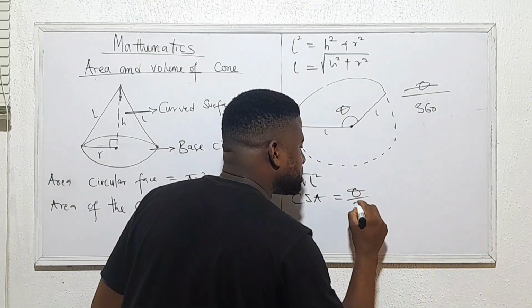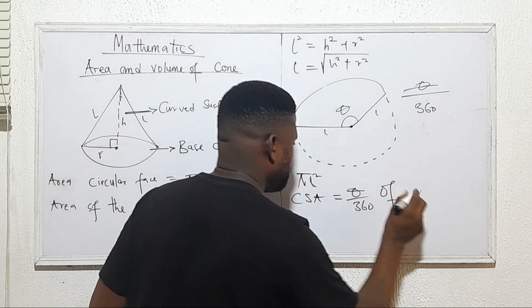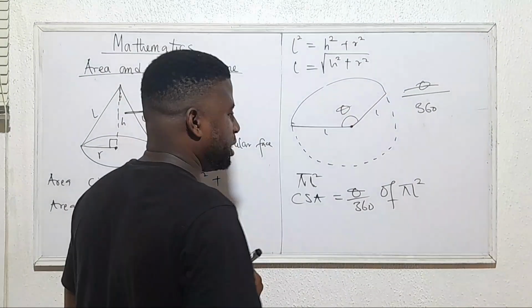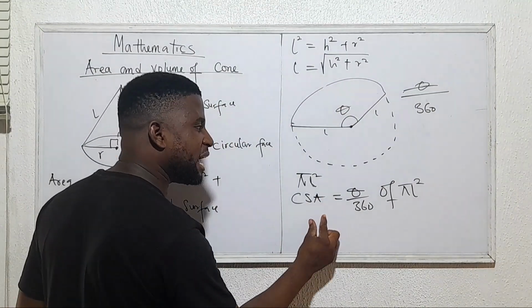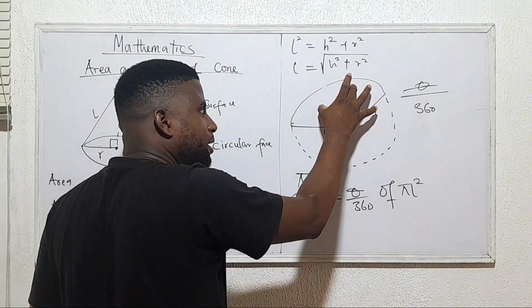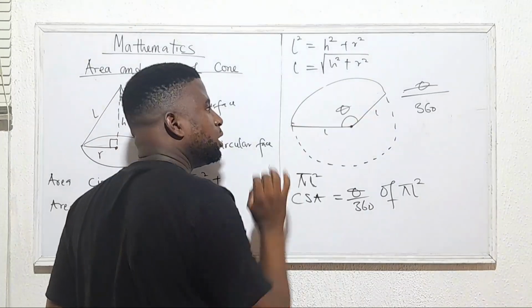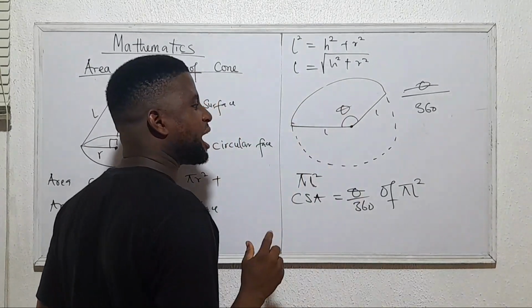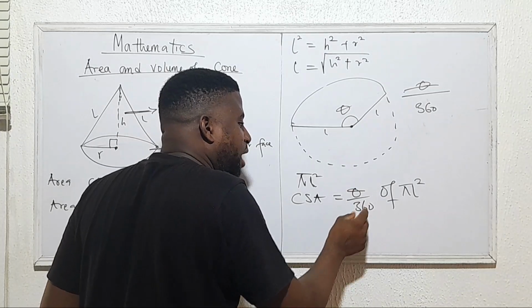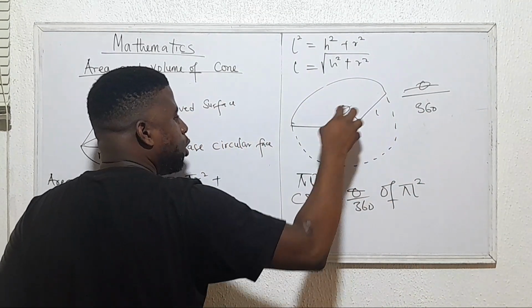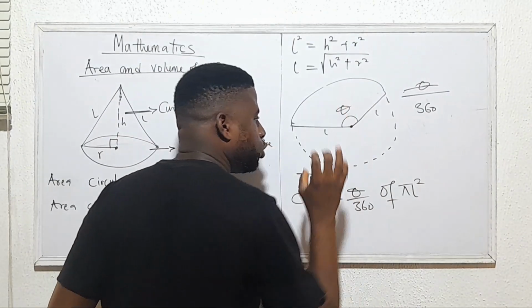Theta over 360 of pi L square, the full portion. So it means that the curved surface area of the arc, which is the curved surface area of the cone, right, which is the portion of this arc, will be theta over 360 out of the full area of the circle.